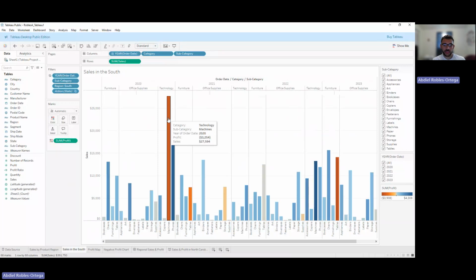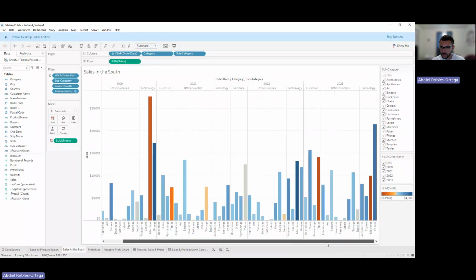However, there is a negative profit. Again, we can look here in 2023, same thing from the last sheet. And if we look at phones in the technology category in 2023, we can see sales of $21,363 and a positive profit of $3,232.